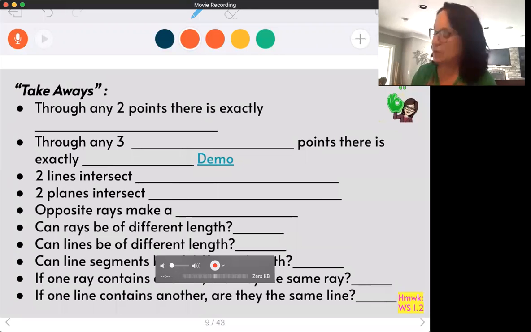So to end the notes here, it'd be nice if you paused this and did it yourself, but through any 2 points, there is exactly 1 line.